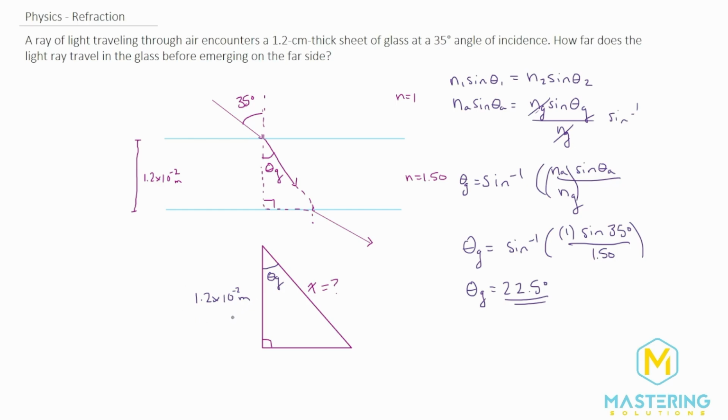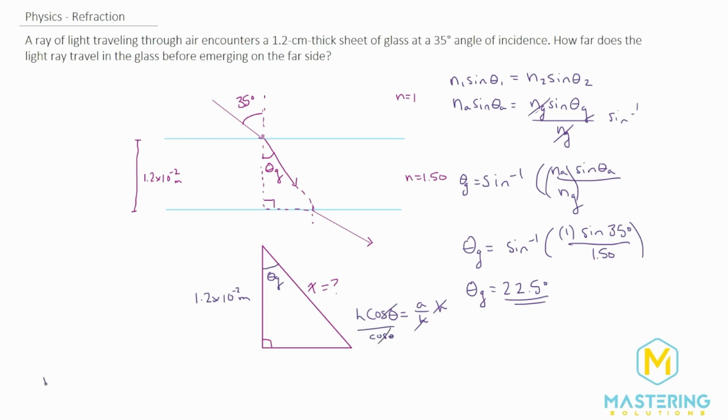I think it's a little easier. And so we have the adjacent, and we have the angle, and we need the hypotenuse, so we'll be using cosine. So cosine of theta is equal to the adjacent over the hypotenuse. And we need the hypotenuse, so we'll multiply both sides by h and then divide over cosine of theta.